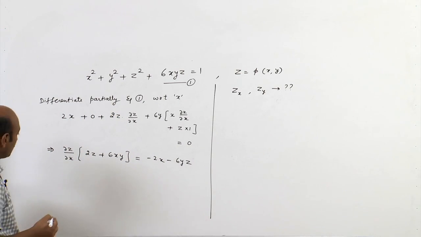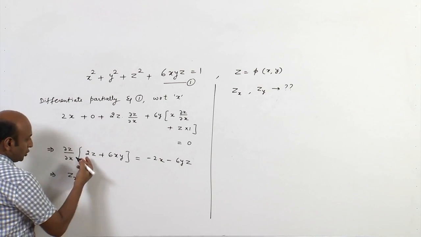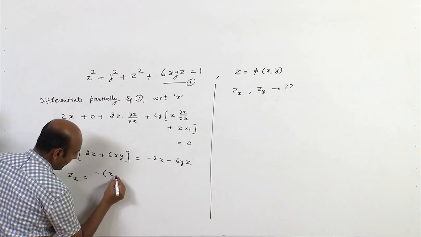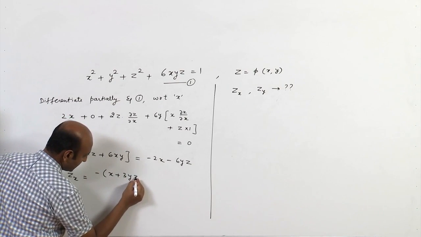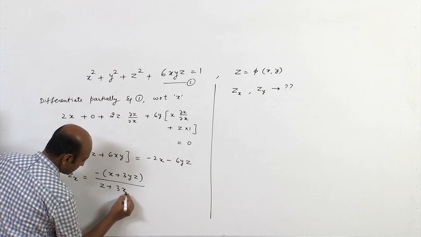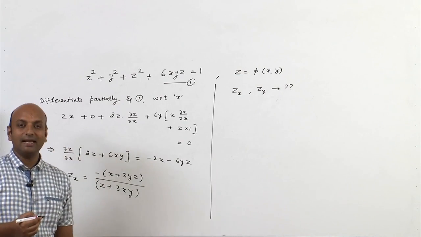Okay. So, this implies zx is equal to, you can cancel 2 from both the sides, minus of x plus 3yz upon z plus 3xy.